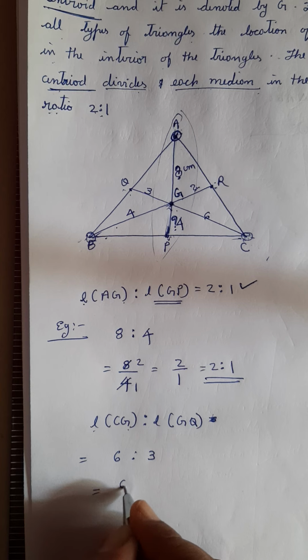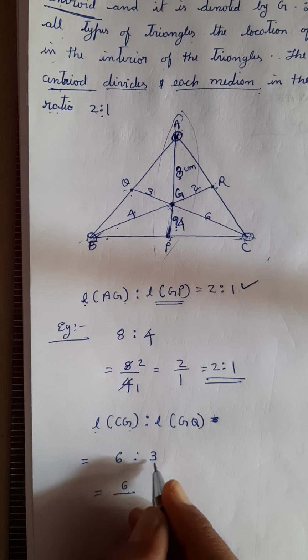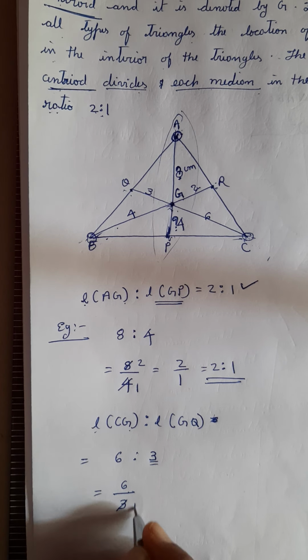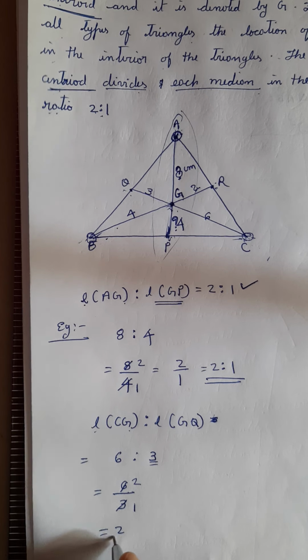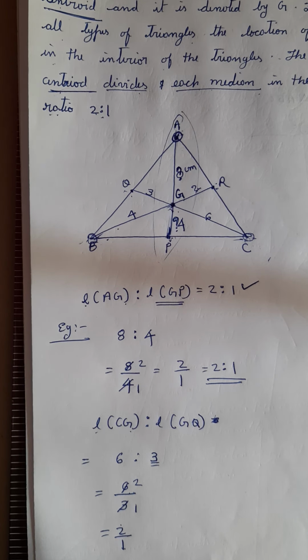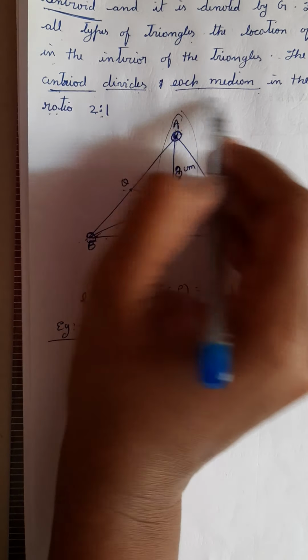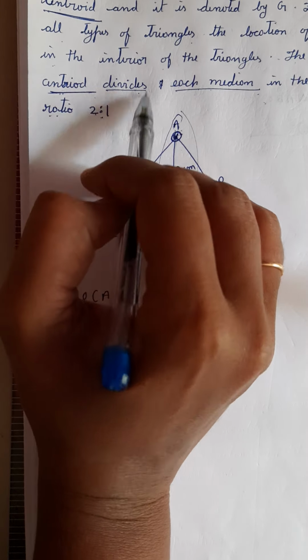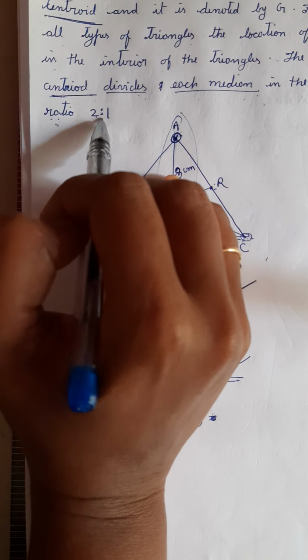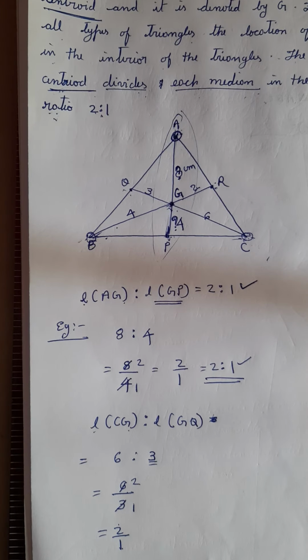Write in fraction form: 6 in the numerator, 3 in the denominator. 3 ones are 3, 3 twos are 6. Compulsorily you should get the value 2 by 1, that is 2 is to 1. This is the property given here: the centroid divides each median in the ratio 2 is to 1.